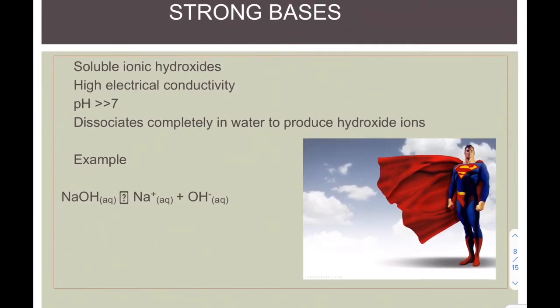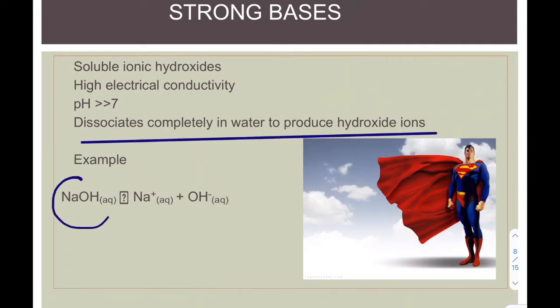All right, so strong bases are cations with hydroxide ions, which dissociate completely in water. So they are aqueous strong acids or strong bases.